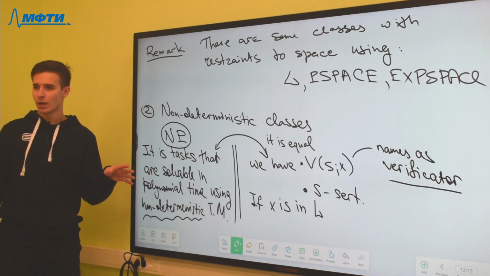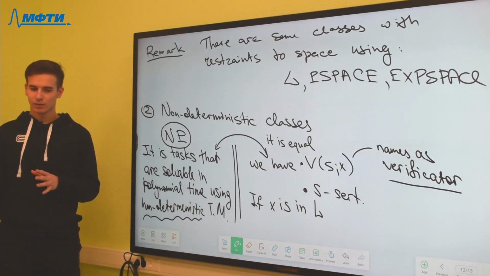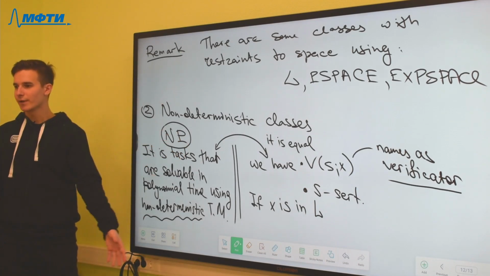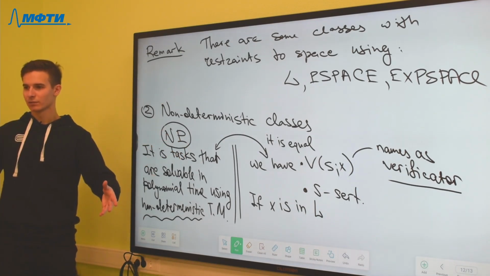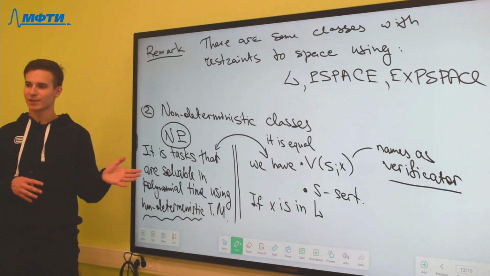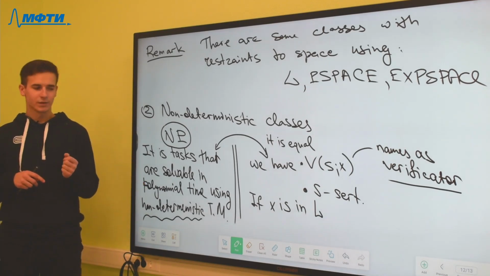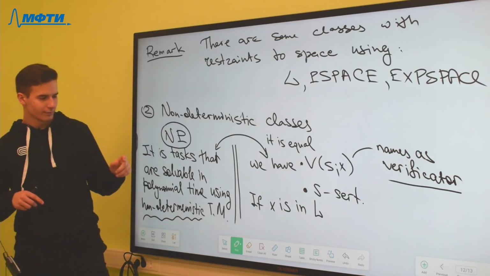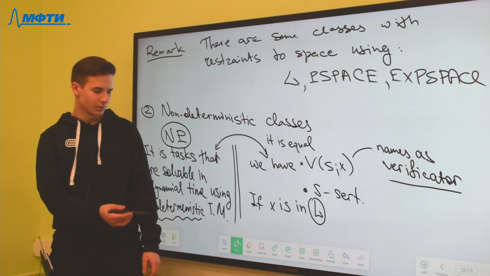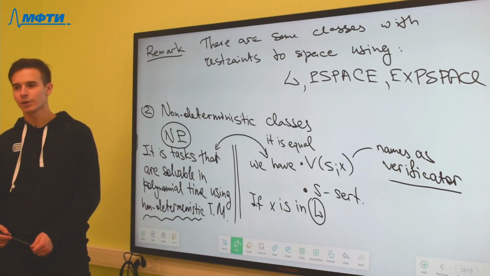Then it divides the set of graphs into 2 subsets, one subset with the answer yes, and one subset with the answer no. So when I write L, it means, shortly, language.